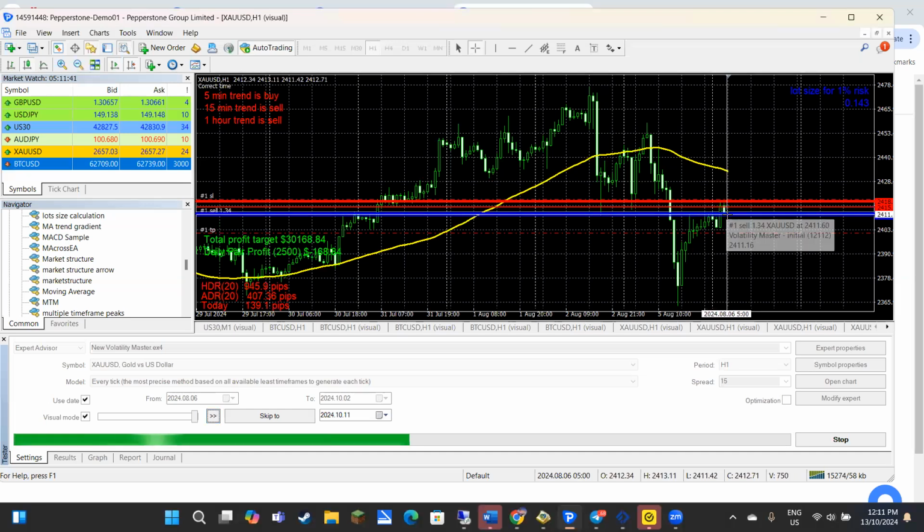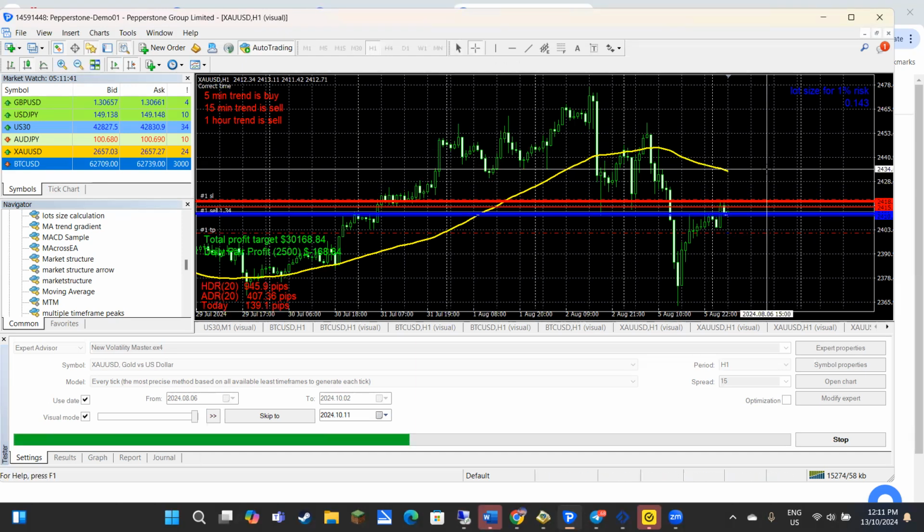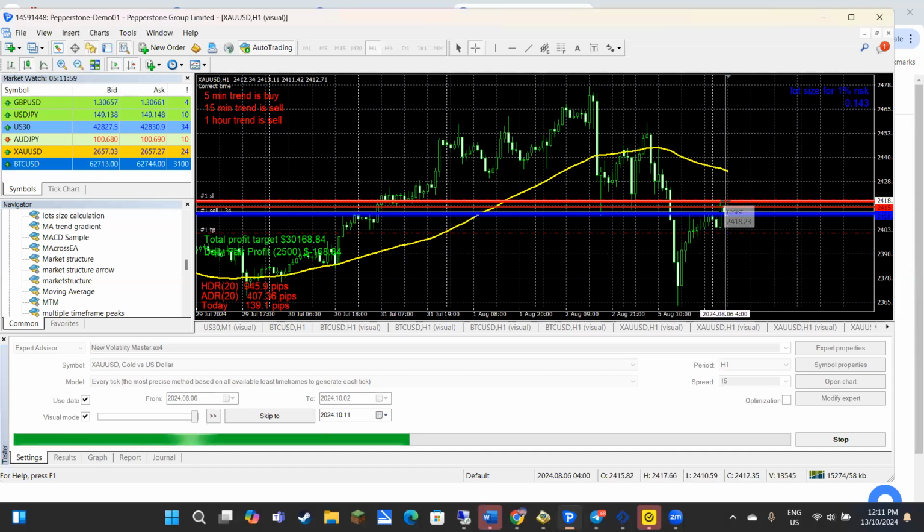If we measure that, we see that it's 1,000 points, and it's also placed the stop loss. It'll be 100 points above the top of the 5-minute range, which is that red line. So just 100 points above, just there. So that's how the software is currently operating.